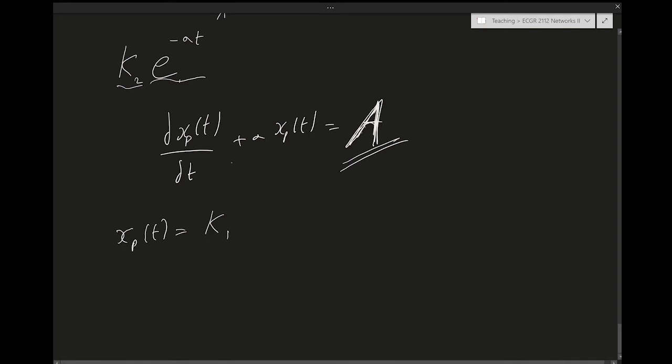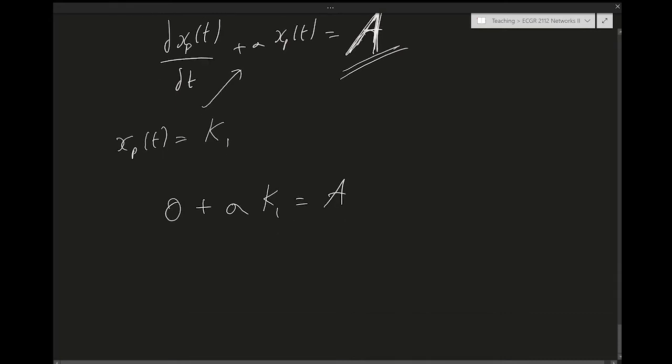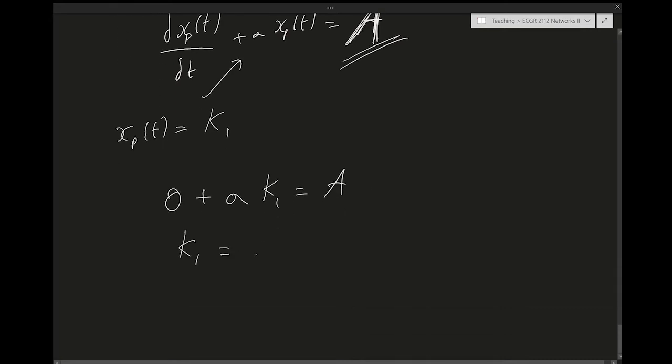Apply this to the equation. So dk1/dt is 0 plus a k1 equals a. This tells me that k1 needs to be a over a. All that matters here is that the particular solution for this case is constant.